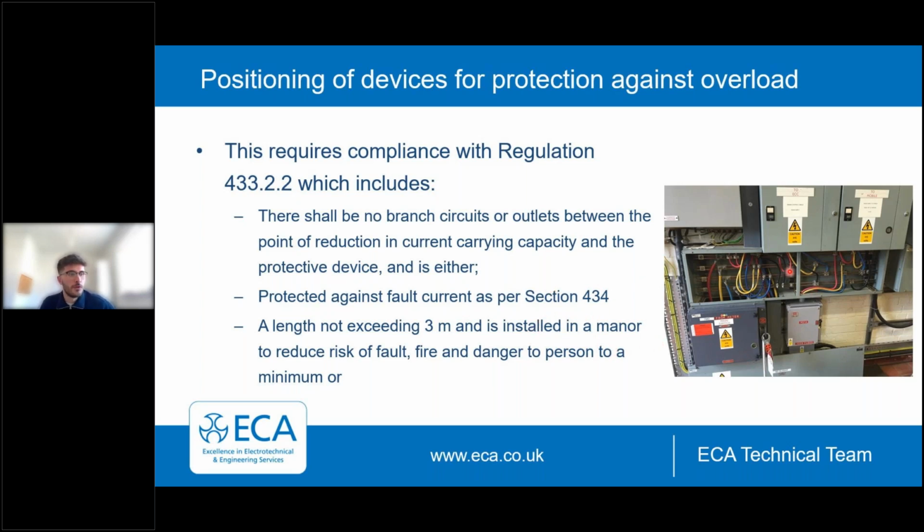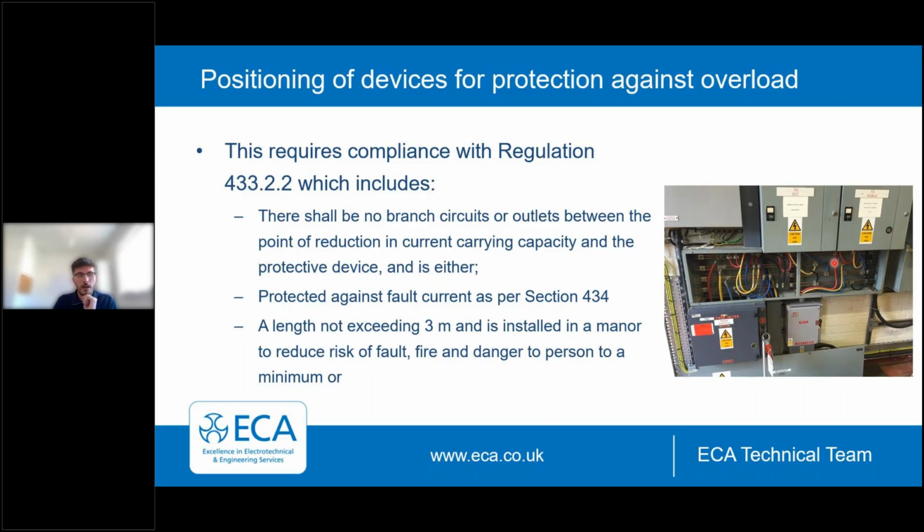Now, focusing on the image we've got on screen here, which one of my colleagues kindly provided me with. From information I've gathered from this particular installation, there is a 200 amp supply at the origin of the installation. And then we can see there are suitably sized live conductors coming from that origin point and connecting onto the busbar chamber.